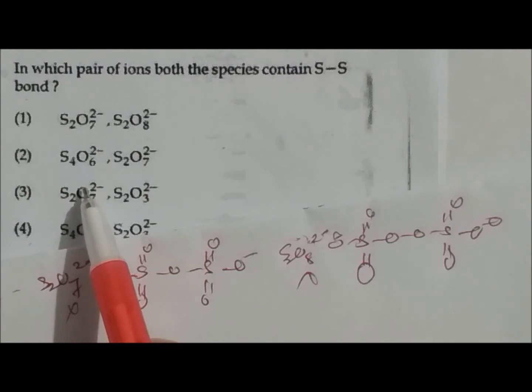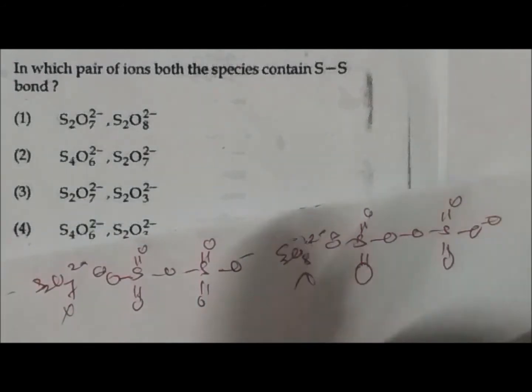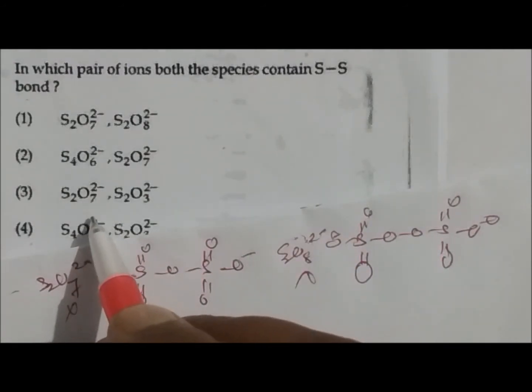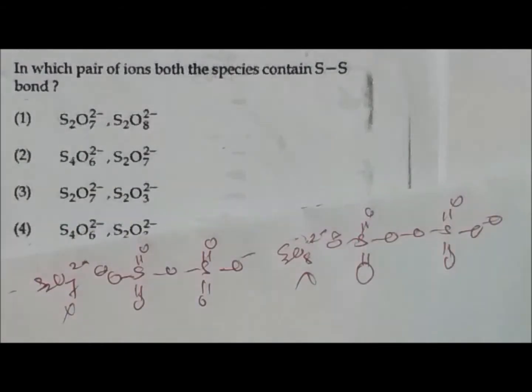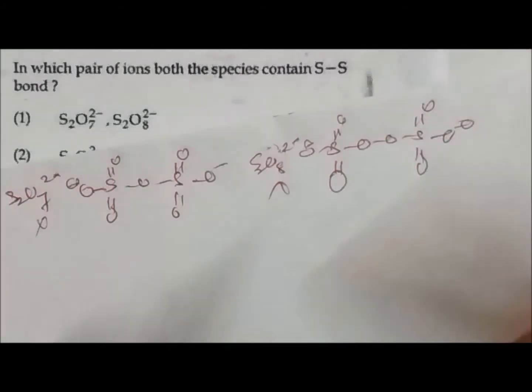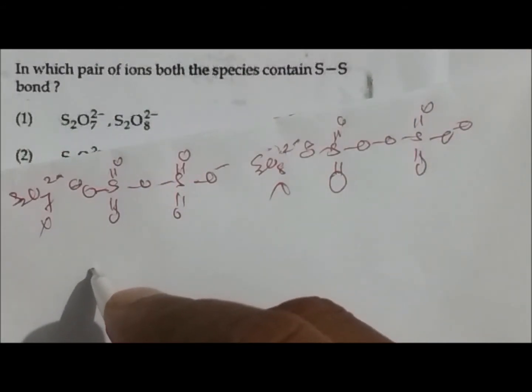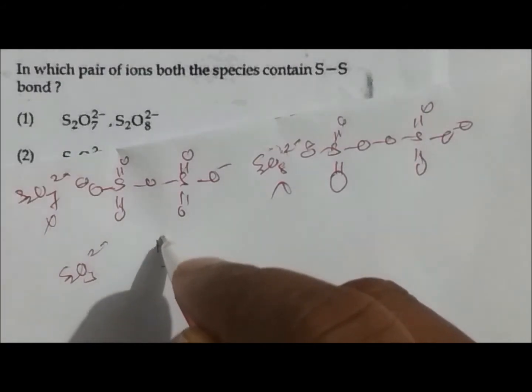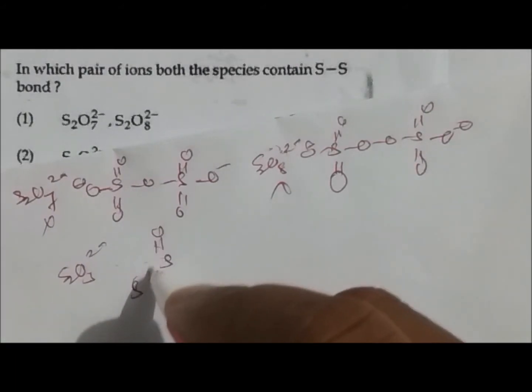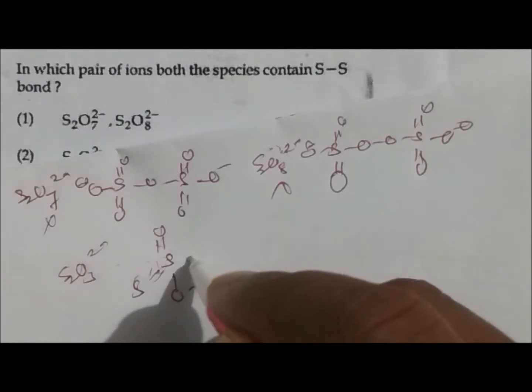So let us take S4O6 and S2O3. Let us take this one. For S2O3 2 negative, we can write sulfur, oxygen, and here sulfur on this side, with oxygen negative, oxygen negative.